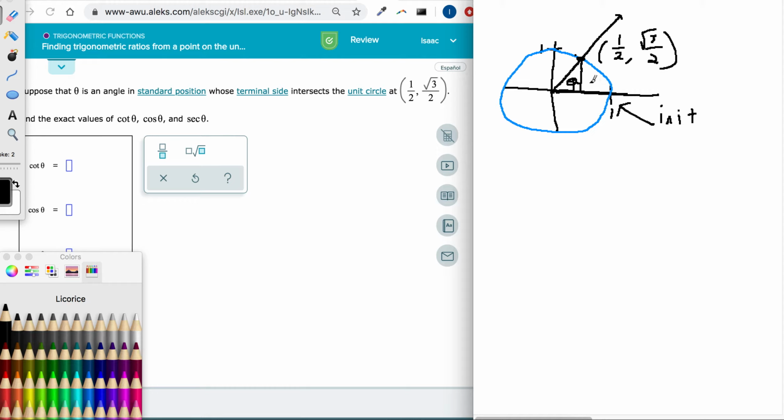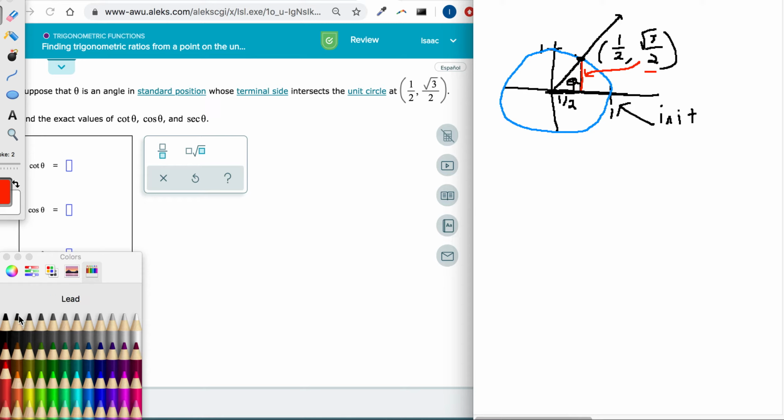So make that right angle, and we know some values on that triangle. This is 1/2 going across because our point said 1/2 on the x-axis. And then square root of 3 over 2, that's the y-axis, right? So this part of the triangle going straight up and down is square root of 3 over 2.